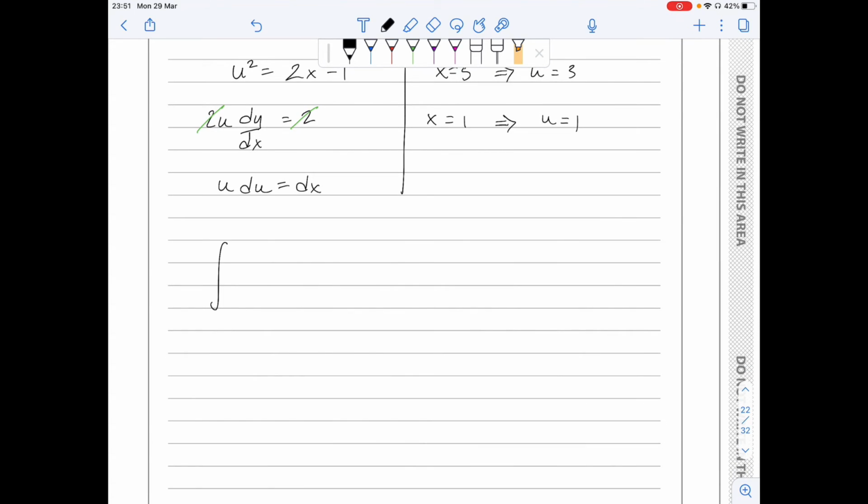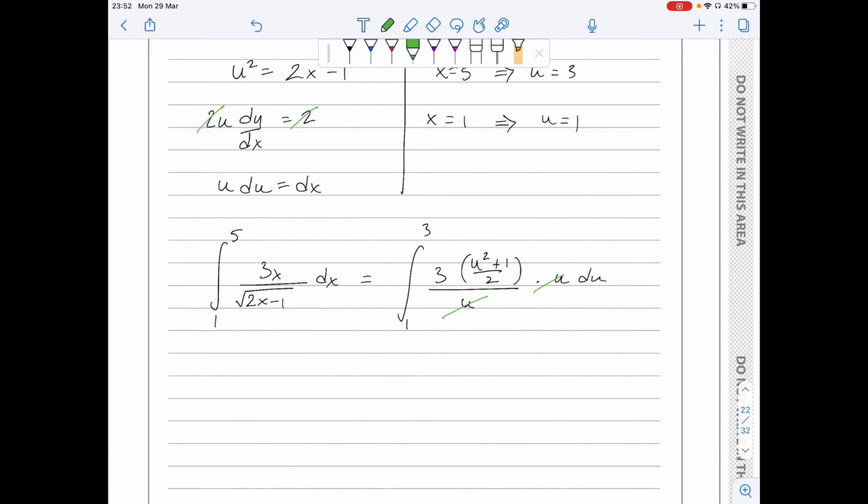So the integral of 3x over the square root of 2x minus 1 dx from 1 to 5 will be equal to the integral of 3 times (u squared plus 1)/2 all over u, times u du from 1 to 3.